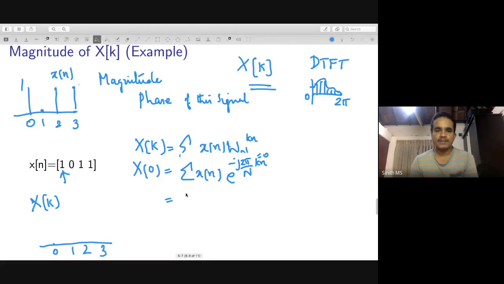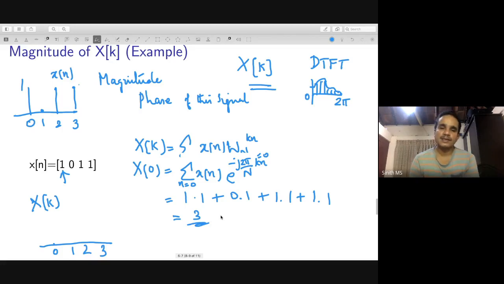So this becomes, for n equal to 0, 1 into e raised to 0, which is 1, plus as n equal to 1, this becomes 0 into 1, plus n equal to 2, this becomes 1 into 1, plus x[3] is 1, 1 into again 1. So this becomes 3. X[0] is 3.